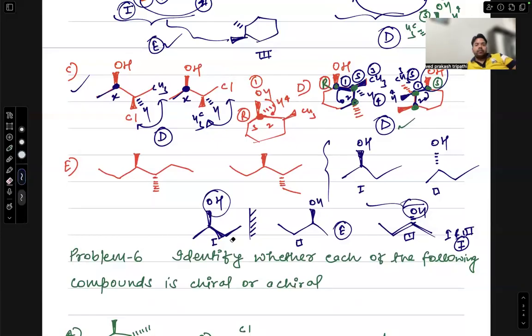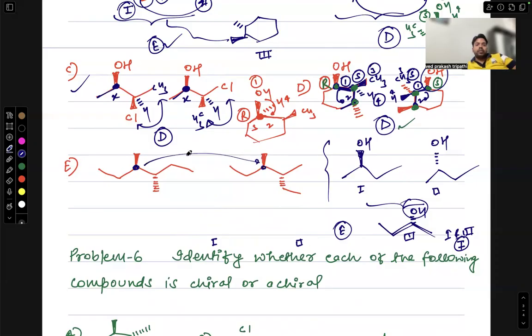Okay, what about this E? Now look at here. Here we can apply the exchange method very easily. No need to check R and S. Now look at here. This remains the same, there is no change. Here wedge is my methyl, dash is methyl, wedge is hydrogen. Here dash is ethyl, wedge is my hydrogen.